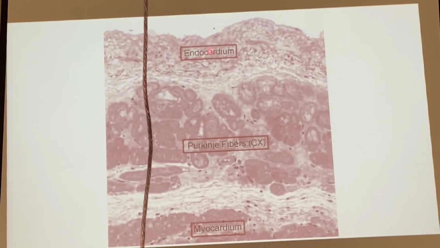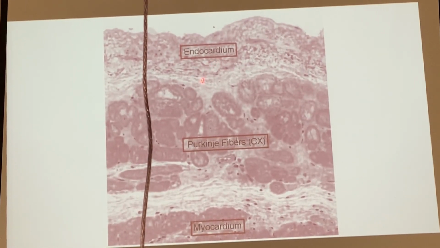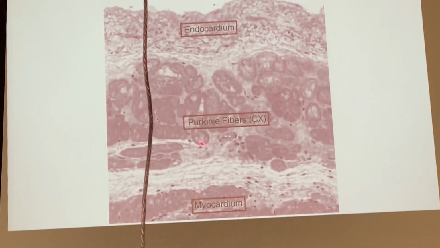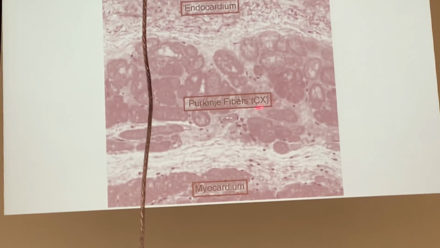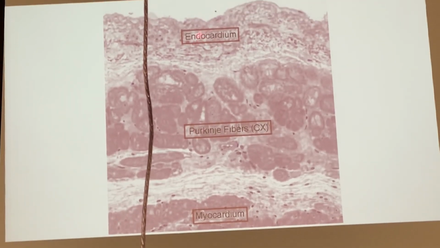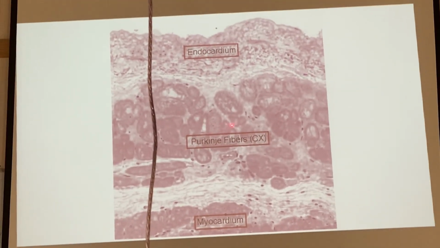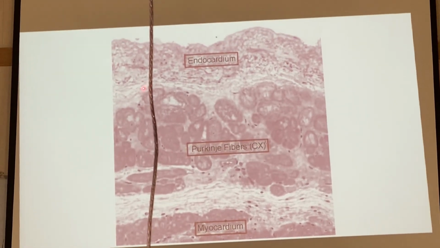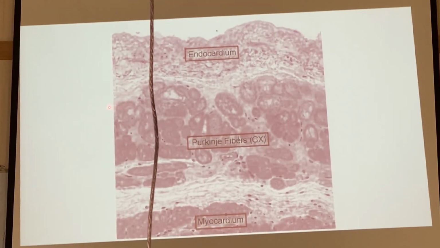Now, this is the endocardium. Purkinje fibers in the subendocardial region. So this is the subendocardial connective tissue.